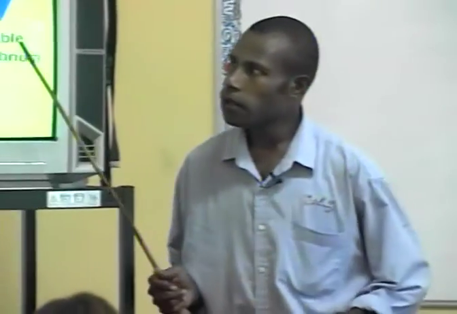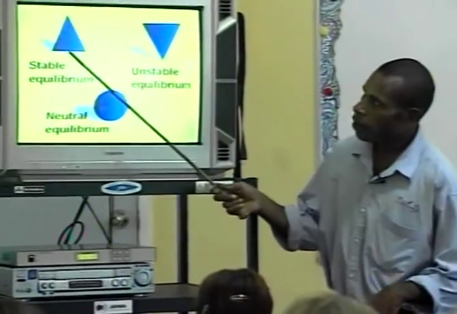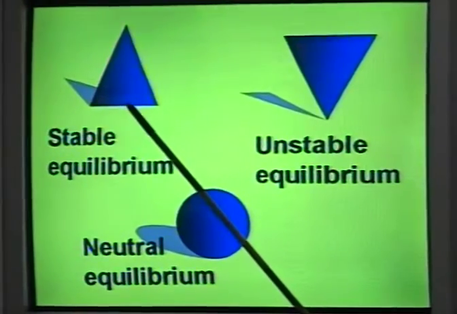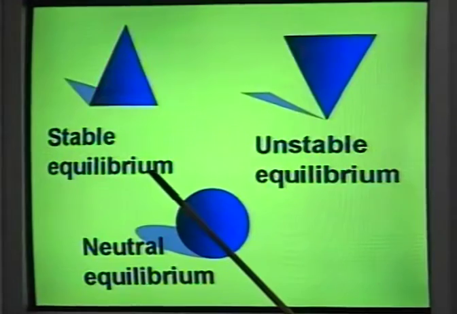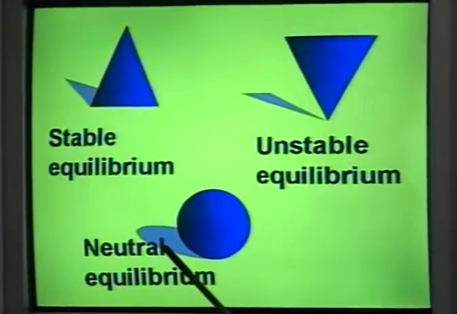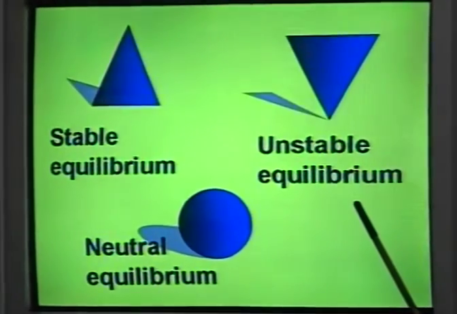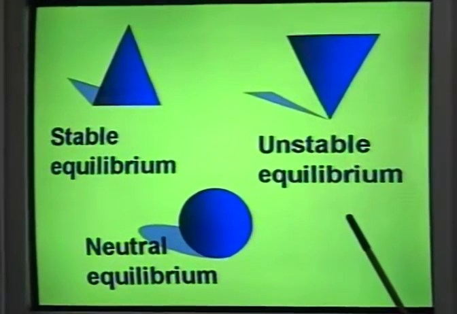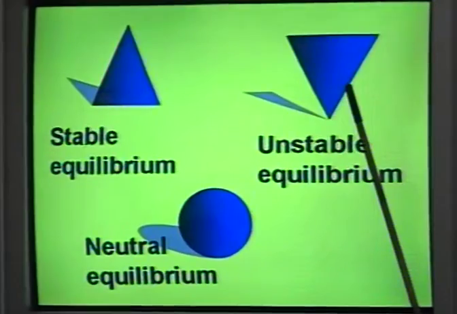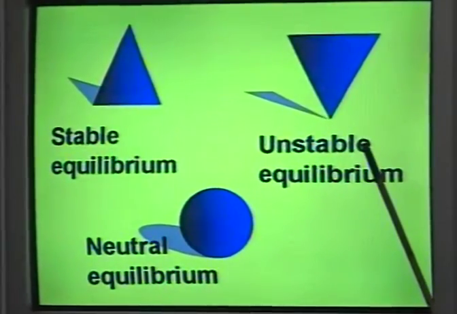Right, looking at the equilibrium of these objects, you'll find that if you stand up a cone flat, with the base downwards, it is in stable equilibrium, and that one will be unstable, with that one which is neutral, meaning that if you roll it on a table, it will rest at any point. While this one is unstable, because the moment you let it go, it falls down.